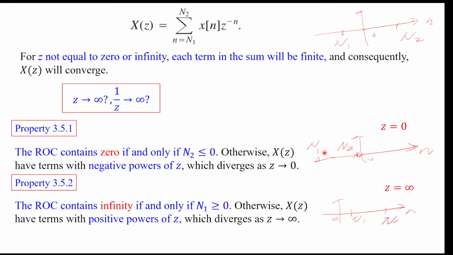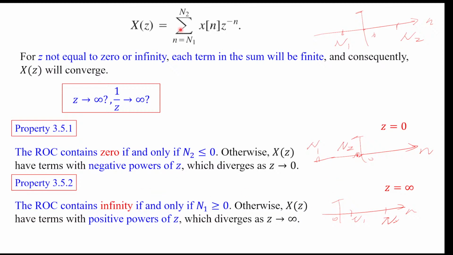Otherwise, just look at this formula: if you have some non-zero coefficient when n is greater than 0, then you have some z to the minus n term. So you have some negative power of z, and those negative powers of z will diverge as z goes to 0. Similarly, we want to think about z going to infinity, and you want the ROC to include infinity.